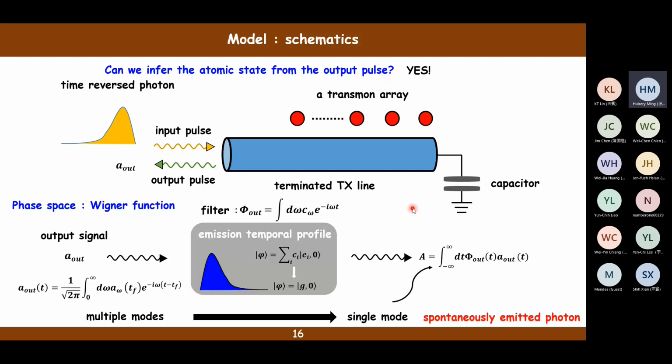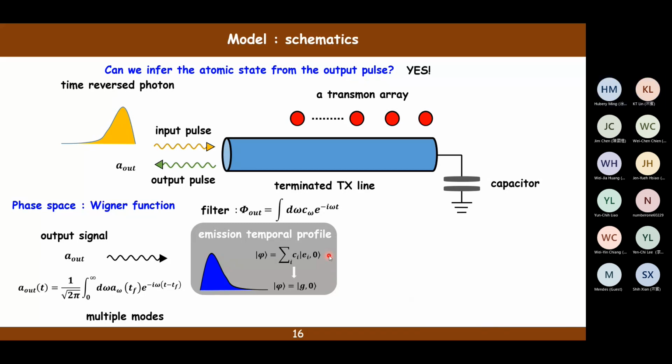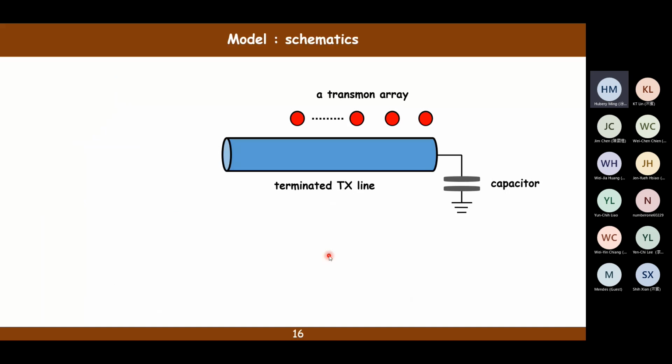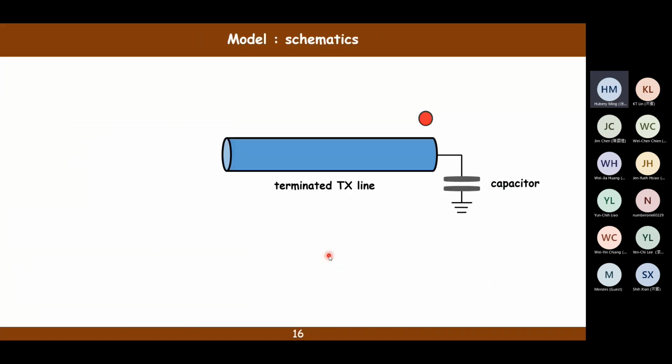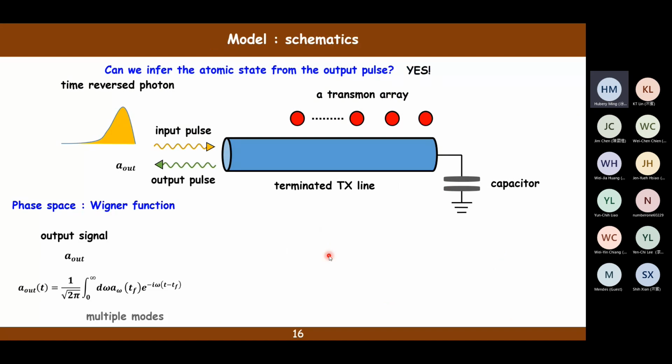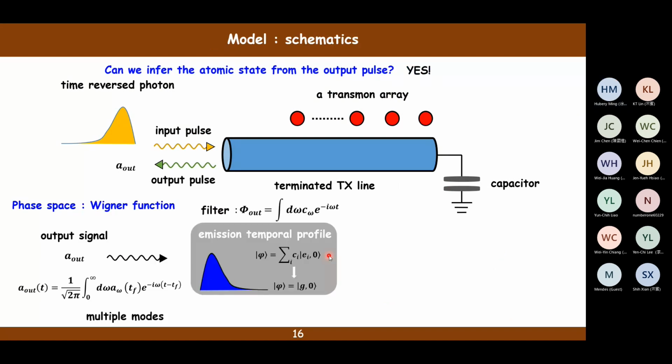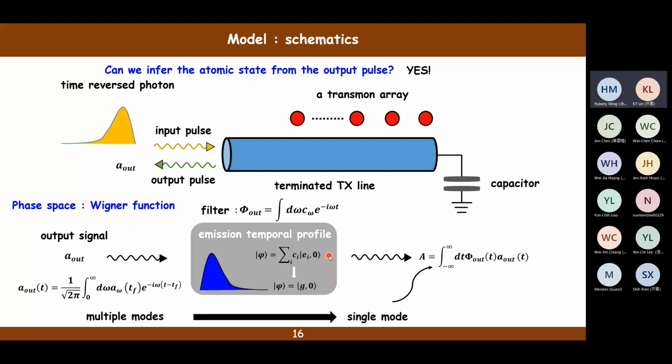So you choose the profile to be the same as the previous one. I mean, this blue-shaped emission temporal profile is the same as the one you used previously. How do you design the shape of the blue curve?